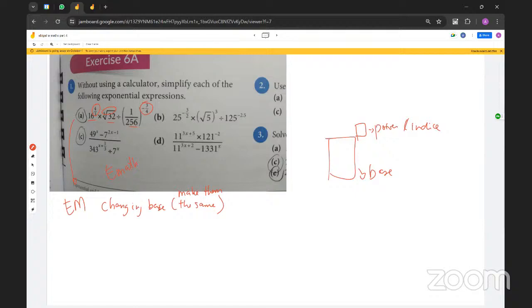The smaller, the better. Four. Let's try 4. Okay, everything should be changed into 4.